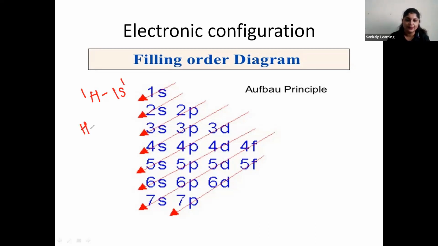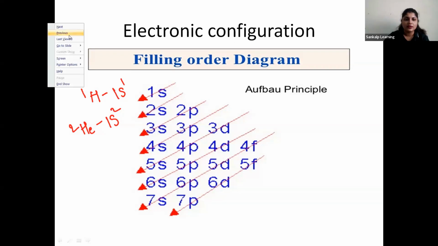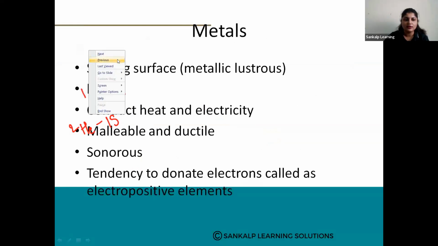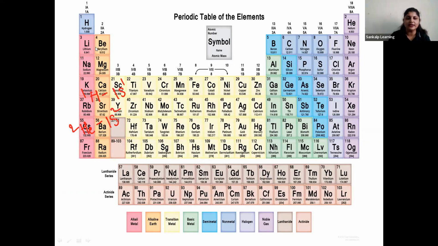Next is helium. Helium is 2, so 1s2. Now the s orbital is filled. Then we'll write for lithium, beryllium, boron, carbon.